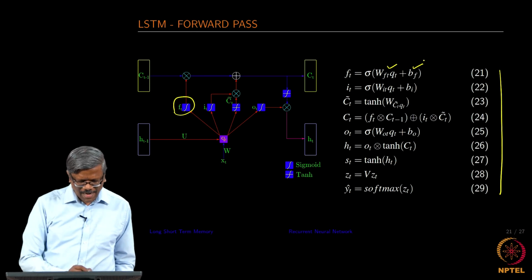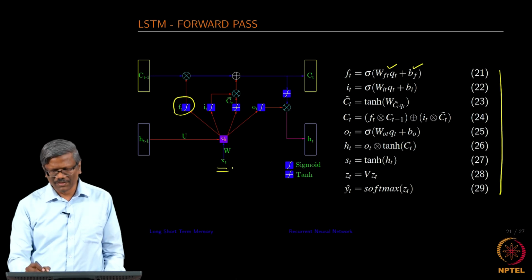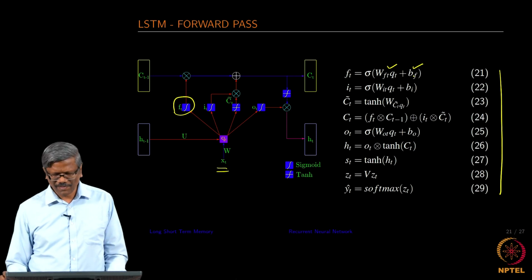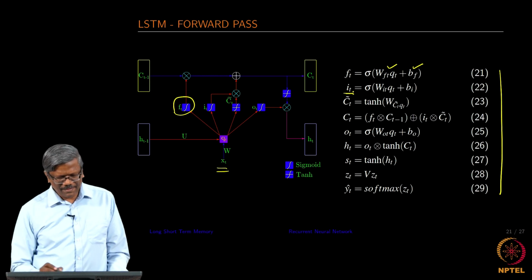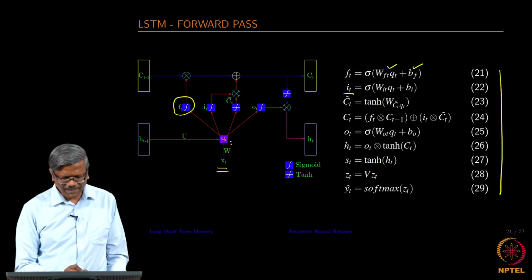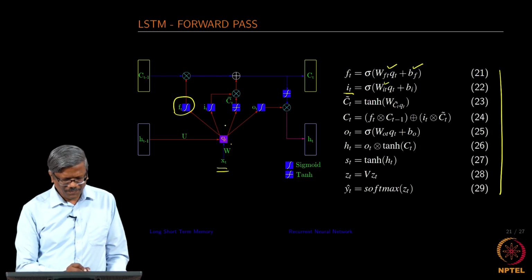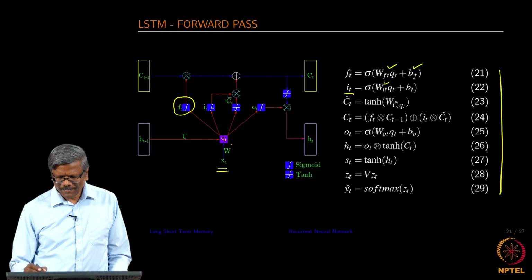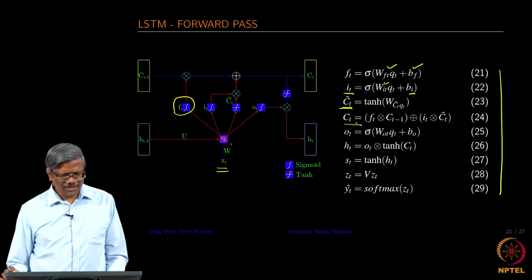Some people would add the bias as part of the HT, so that it does not show up as part of this. Okay. And then we have the input gate that is computed using the QT and the weight that is connecting the input gate, and we add a bias to that, and then we compute the new memory there using the hyperbolic tangent function, and then we find the new memory.